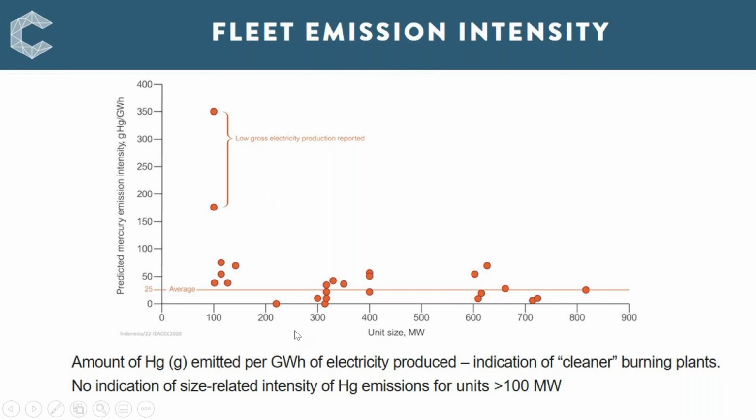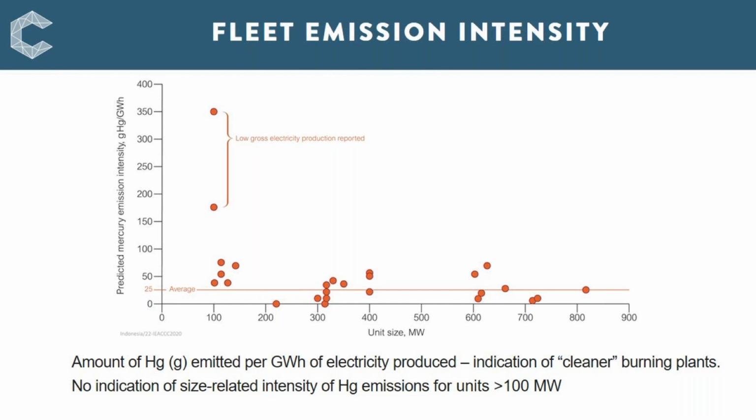And again, it shows, because we've split up by unit size along the bottom here, that plant size doesn't really affect the emissions that much. We have some clean burning big plants and some clean burning small plants. The majority of the plants are emitting mercury at between 5 and 75 grams of mercury per gigawatt hour, with an average there in that orange line of around 25 grams of mercury per gigawatt hour.